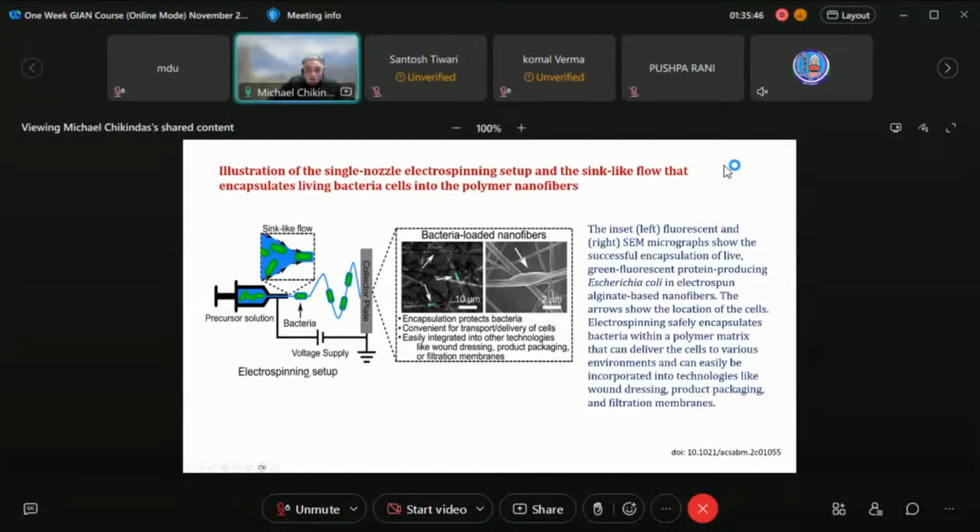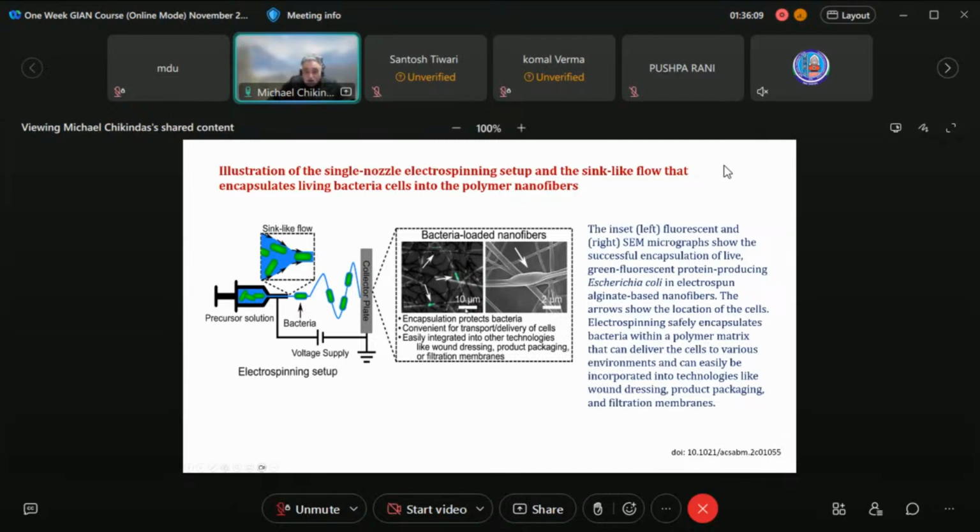On the left you have the schematic. The cells are fluorescently labeled, green fluorescent protein producing E. coli cells, you can see here. And this is just a schematic presentation of how the process occurs.